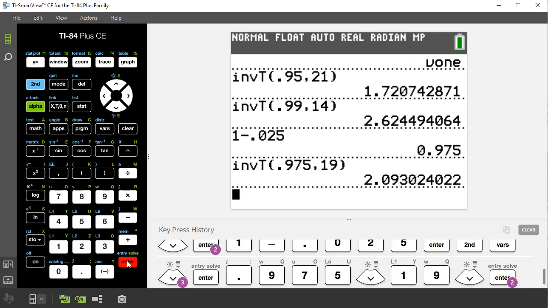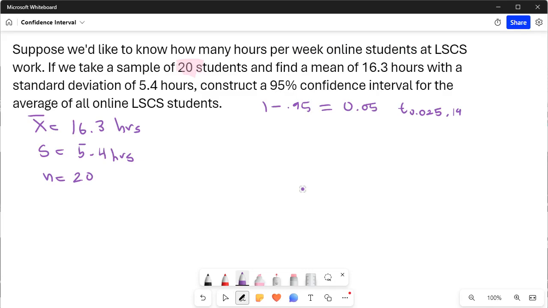The approximation for this is 2.093. But remember that we were constructing a confidence interval to estimate, on average, how many hours an online student would work.